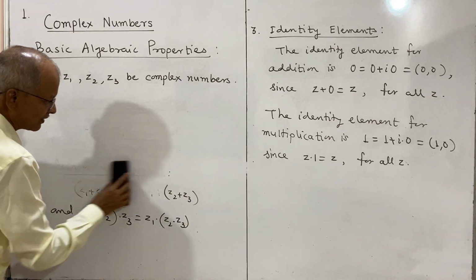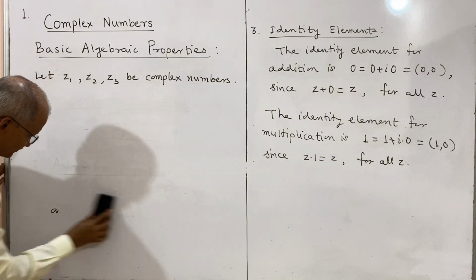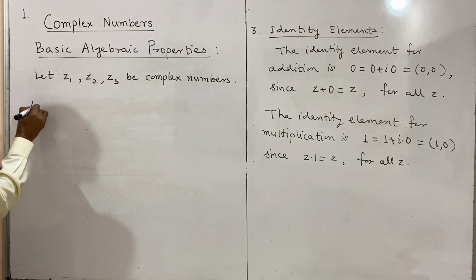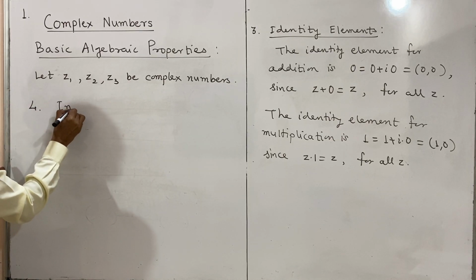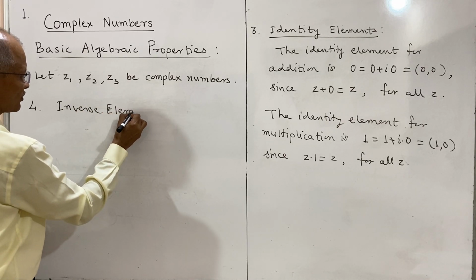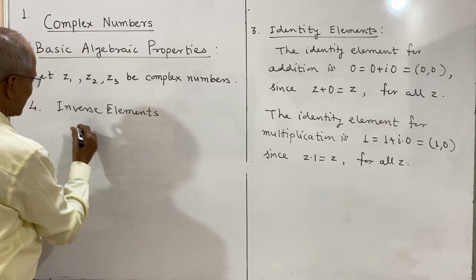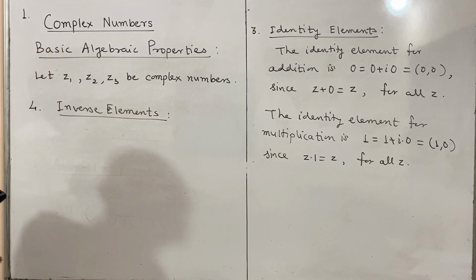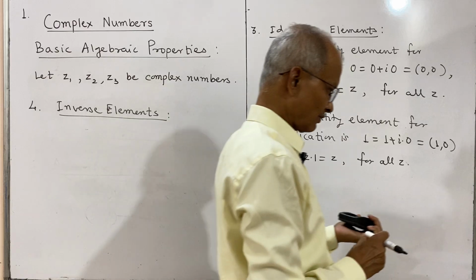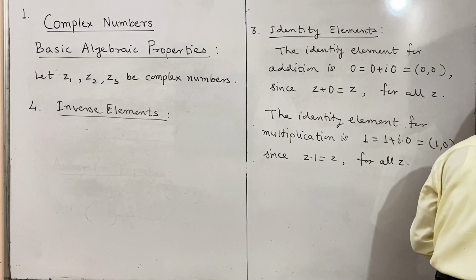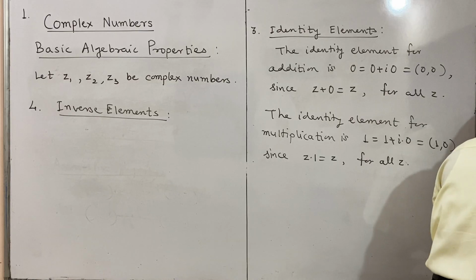Now we shall see inverse elements. Inverse element for both operations. The additive inverse of z, where z is a complex number, is minus z.